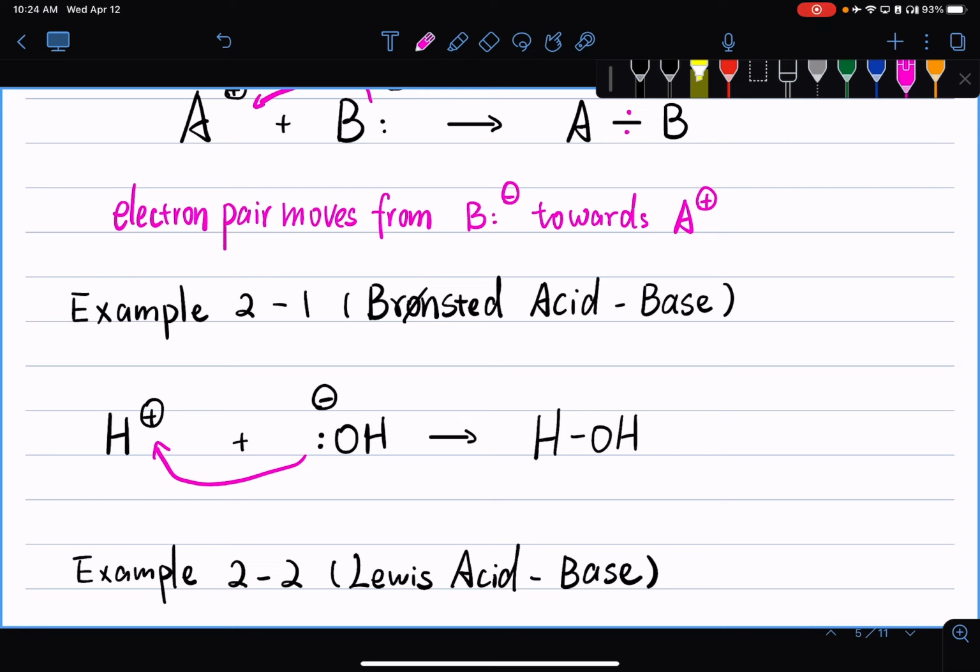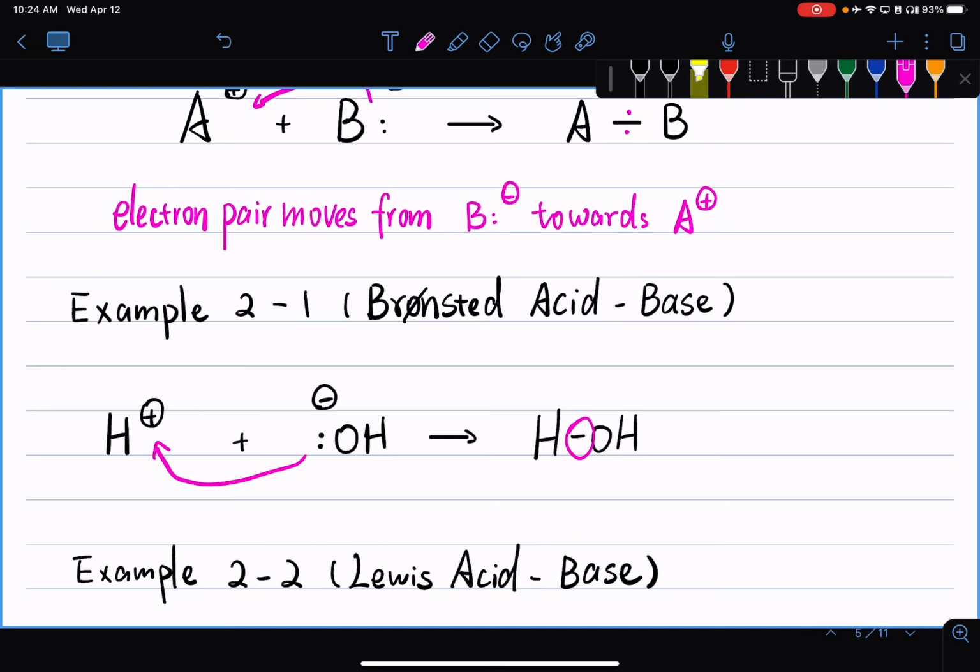It's pointing towards that electron deficient species. And we're forming the new chemical bond, which is shown here. All right, so again, the most important thing when drawing your arrow pushing is just keep in mind, you always start from the electrons. You always start by thinking about where my electrons are, and then you draw the arrow accordingly. So that's a Bronsted acid base.